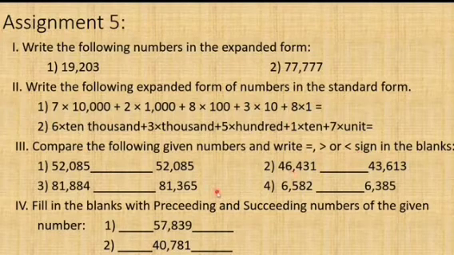Compare them as per the rules so that it is easier for you. Then the fourth question has fill in the blanks with preceding and succeeding numbers of the given number. There's a number in between. You are supposed to write the preceding number, one number before that, and one number after that.